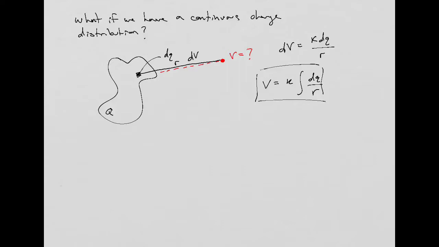All right, let's see. Before we do an example, there's one more thing that I want to touch on, and it is the real reason why we are even worrying about computing electric potential. So why are we concerned with calculating V?